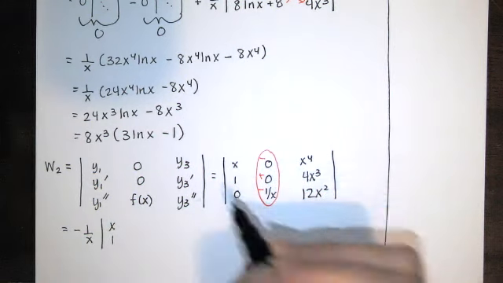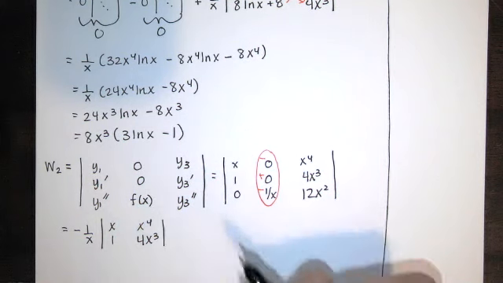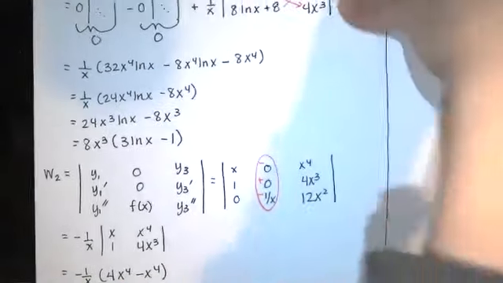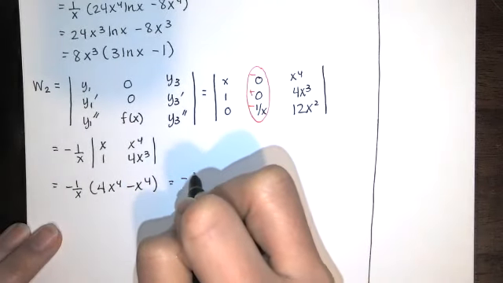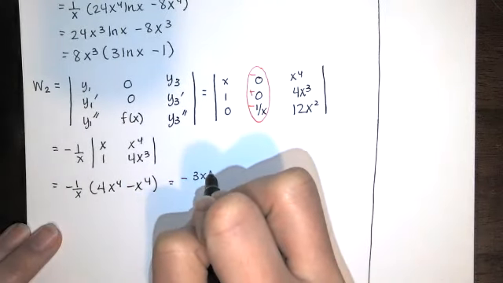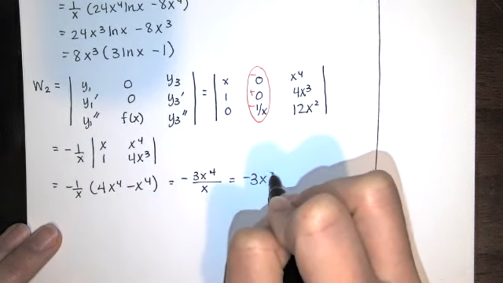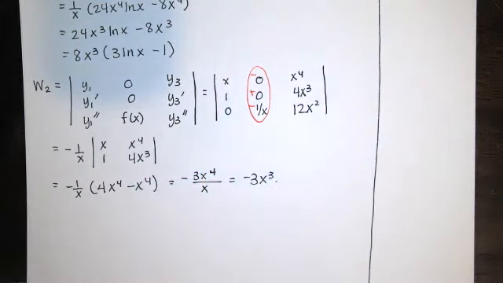So you have a 1 and an x and a 1 and an x to the 4th and a 4x cubed. This times this gives me 4x to the 4th, and we're subtracting x to the 4th. So that's going to give me a negative 1 times 3x to the 4th all over x, and that'll be negative 3x cubed. Again, that one did not have a factor of 8 because we replaced the second column with the 0, 0, and f of x.